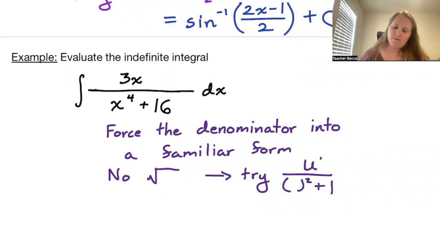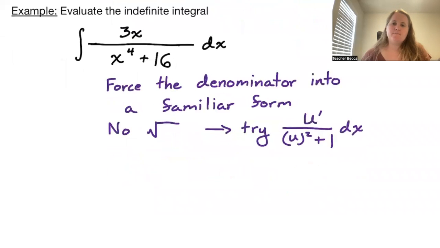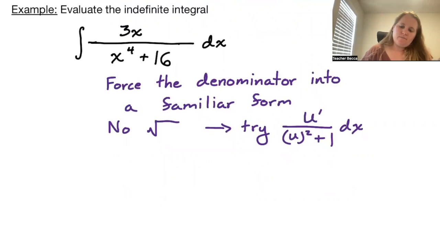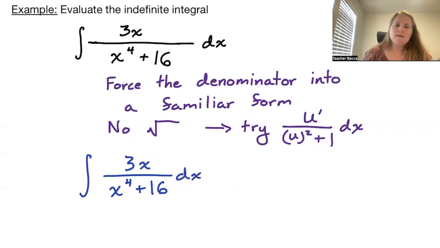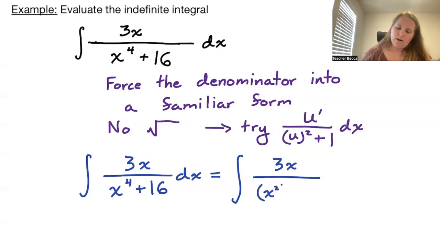In particular, we're going to aim for a u prime over u squared dx to get a 1 over u squared plus 1 du case. So we have the integral of 3x over x to the 4th plus 16 dx. This is the same thing as the integral of 3x over x squared plus 4 squared dx.